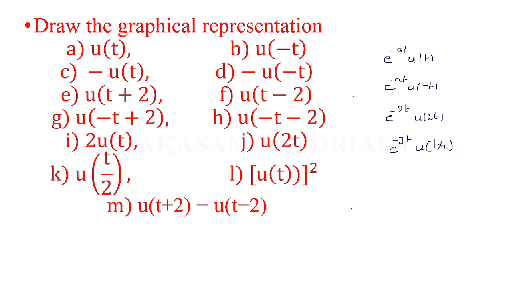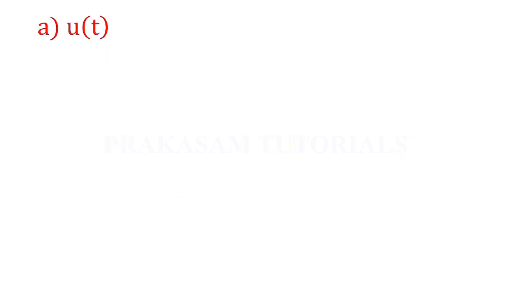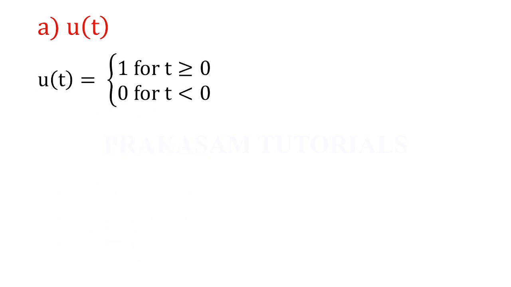Because of that, first understand u of t, u of minus t, u of t plus 2, u of t minus 2 like that. First understand those signals. And the first one is u of t. U of t is a unit step function or unit step signal. The definition of the unit step signal is u of t is equal to 1 for t greater than or equal to 0.